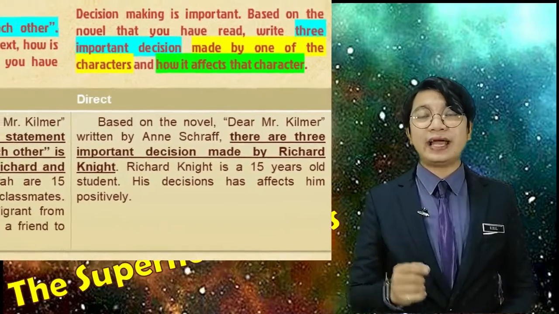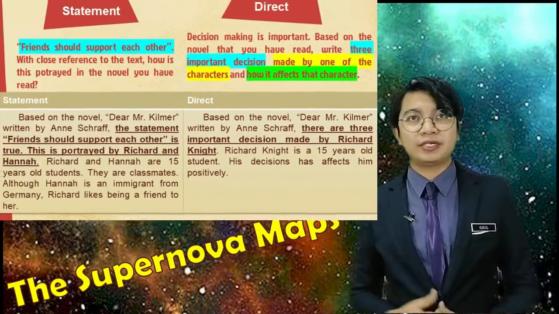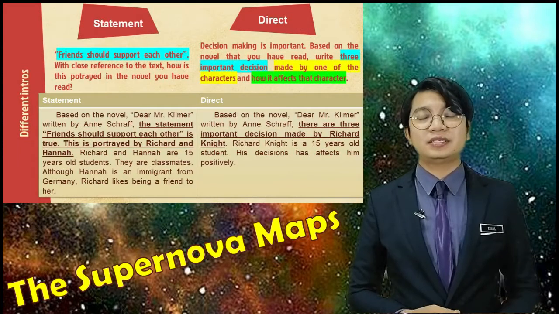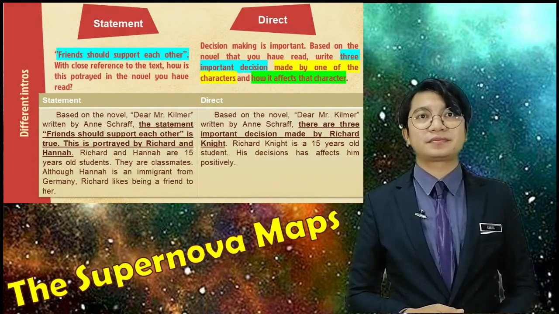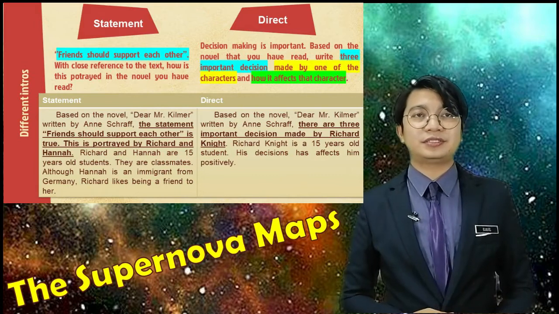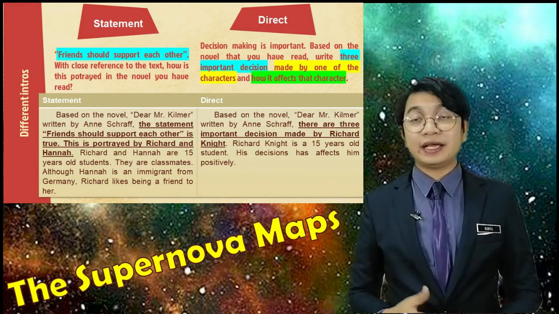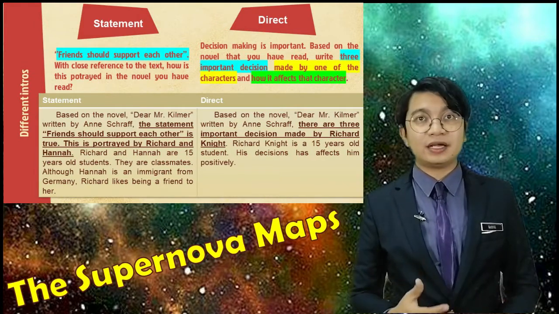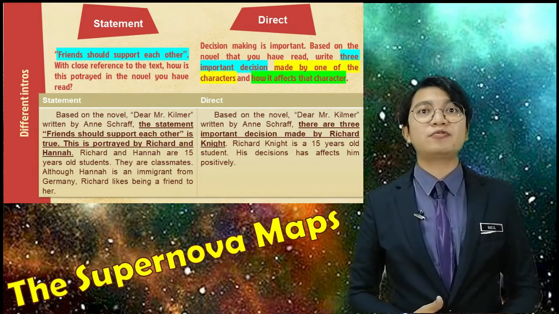If the question has a statement, like this one, you should write your answer like this, and continue with the characters' introductions. On the other hand, if you get the second question that is direct, straight away answer the question.